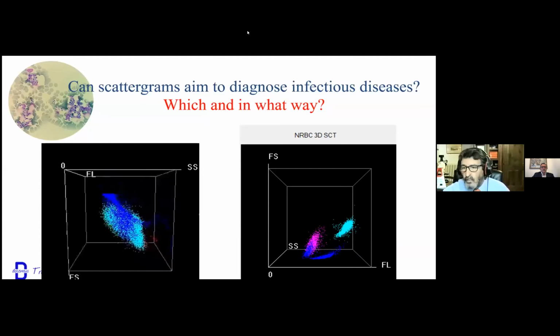At the same time, in the NRBC cytogram, we can observe the presence of these yeasts that are enhanced by this fuchsia-colored cluster and can be counted as pseudo-erythroblasts.